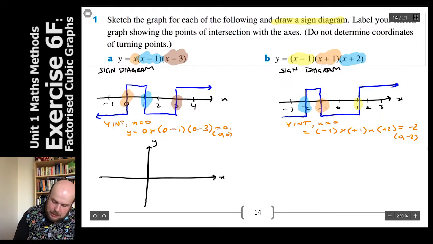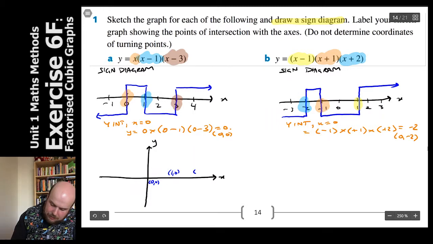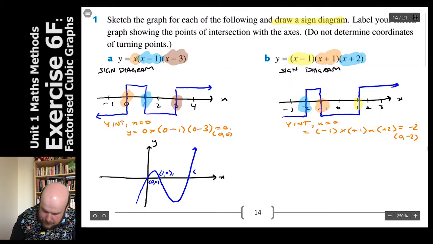Y is my x. So there we go. 0, 0, 1, 0. You could probably make that 1, 0 a little bit closer. There we go. 1, 0. It's 4, 0.